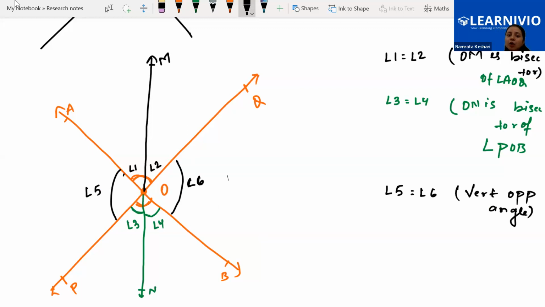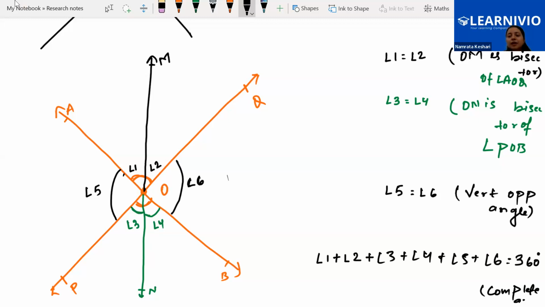Now, if we add all of them, it will be a complete angle. Yes or no? Yes, ma'am. Let's add all of them: angle 1 plus angle 2 plus angle 3, 4, 5, 6. You can write it according to the sequence of the figure; it doesn't matter. All the angles combined total 360 degrees because it's a complete angle, creating one revolution. Any confusion so far?